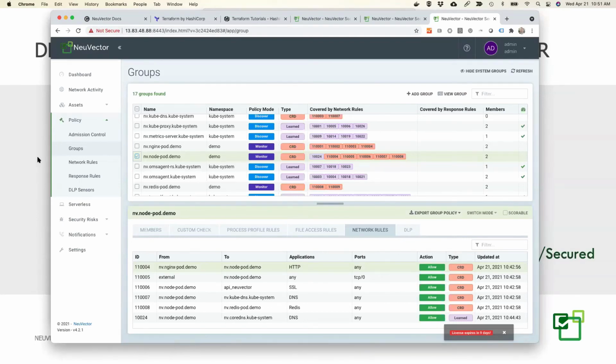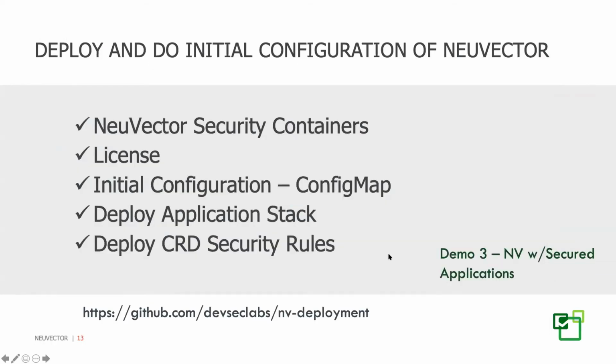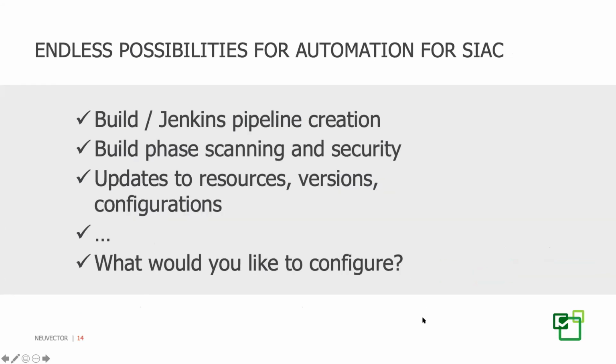All right, so that's a quick tour of some of the capabilities of how to deploy secure infrastructure and a security solution on top of that. Now, really, as you can imagine, there's endless possibilities for automating your deployment of infrastructure and securing it. You can start early in the pipeline by deploying your build pipeline and scanning images in the pipeline and rejecting them.